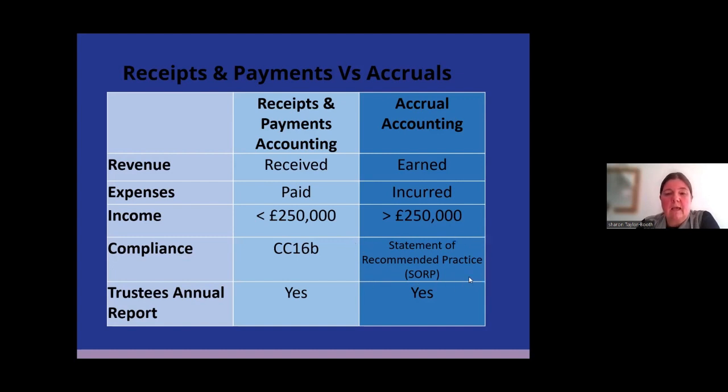I can tell you from my experience of what I have seen in my diocese, not many people prepare a set of accruals accounts that comply with the SORP. And if we're not complying with the SORP, it's non-compliance, basically, and we're not doing things right. So the first thing that we need to think about is how do we prepare our accounts, on what basis?